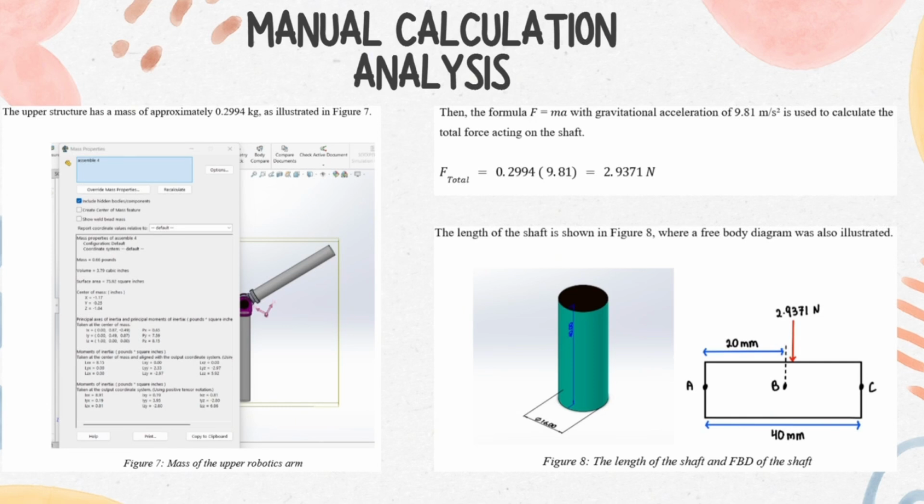To find the force, we can use the gravitational formula F equals ma, with a gravitational acceleration of 9.8 meters per second squared. So when we use the formula, we get F, which is 2.9371.